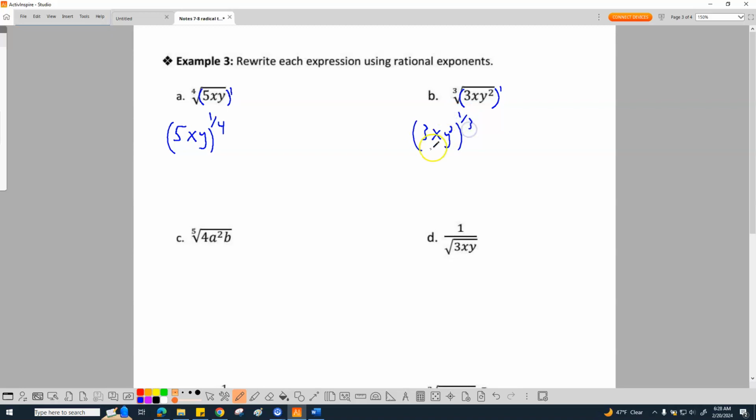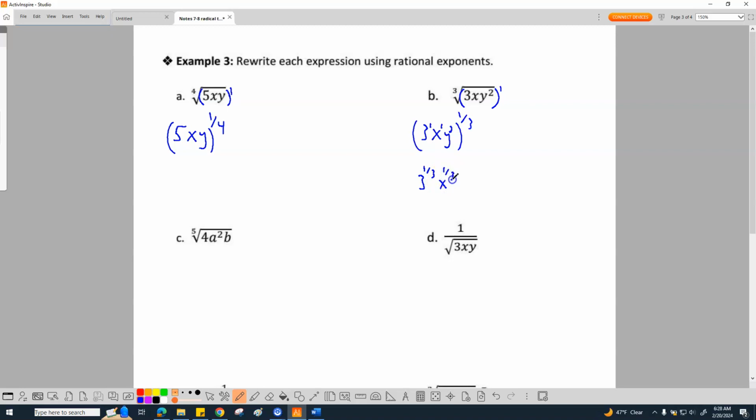Now, you can apply each of these to this if you wanted to. This is what it would look like. Unless it tells you to do this in the instructions, don't do it. But I want you to see how it breaks down. Remember, if there's no exponent, you can imagine there's a 1 there. Technically, there's a 1 there. So now the rule for an exponent raised to an exponent is multiplication. 1 times 1/3 is 1/3. So you end up with 3 to the 1/3. 1 times 1/3 is 1/3.